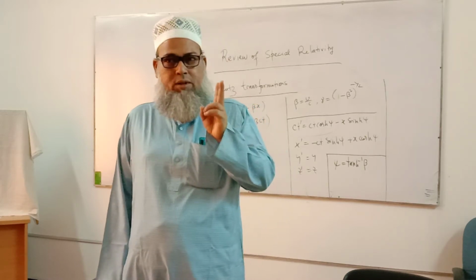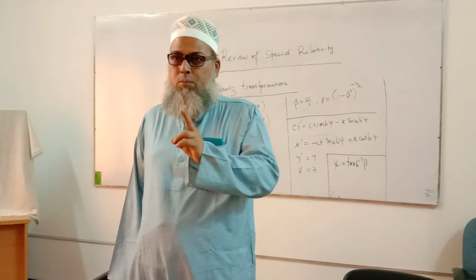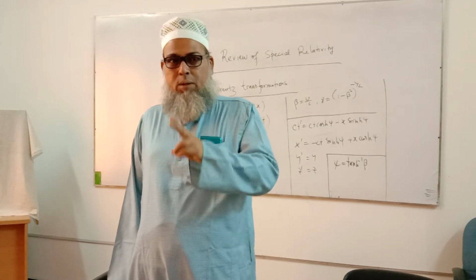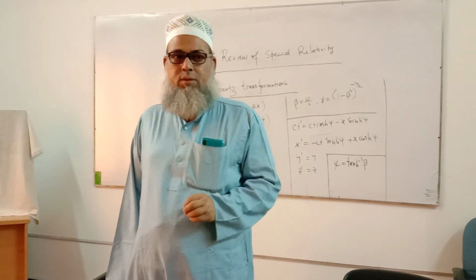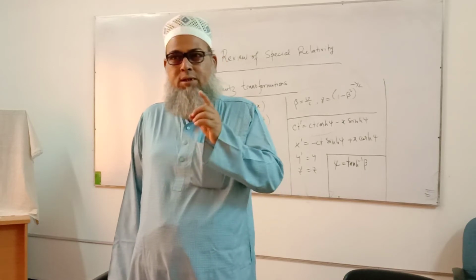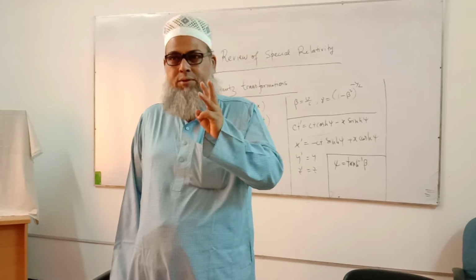These two things, the principle of relativity and the constancy of the speed of light in all inertial frames, give rise to the Lorentz transformations. What is the Lorentz transformation? As I said in the previous lecture, we now have 4 coordinates for a point.